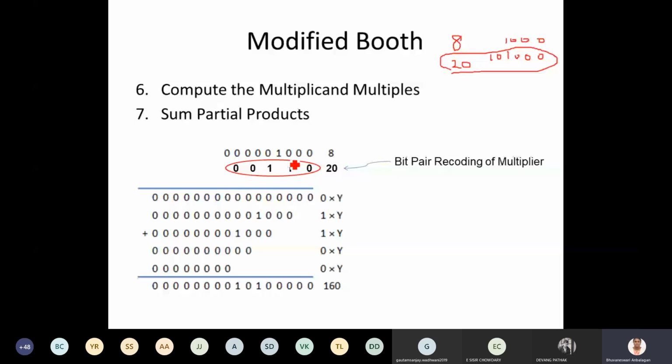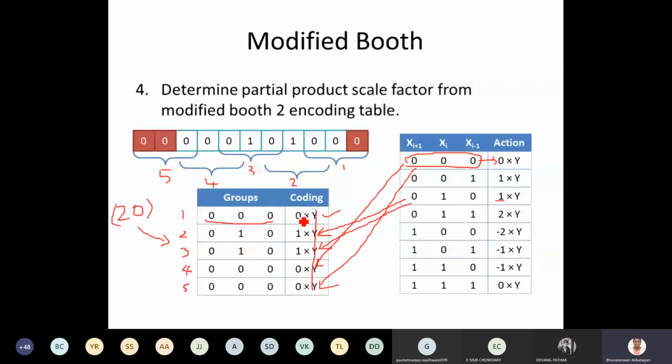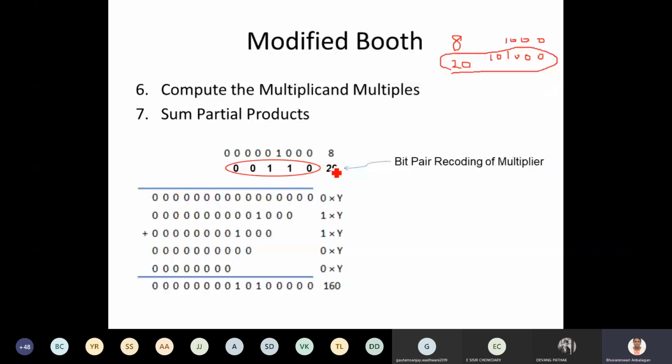That means, for this 20, I got this encoding value, right? So you have to write the value for this.